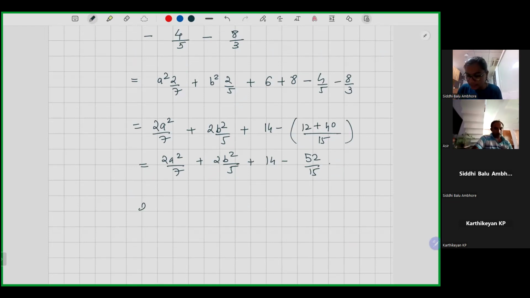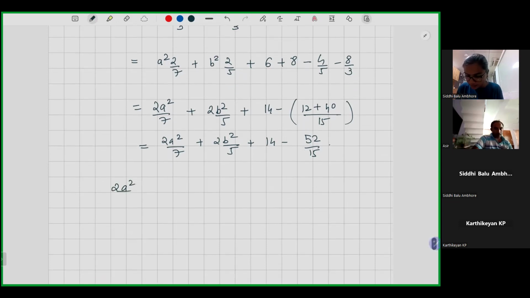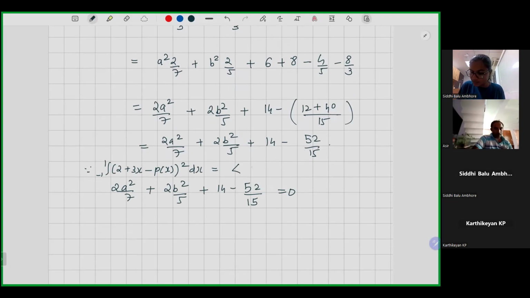Right, so what they are saying is then 2a square by 7 plus 2b square by 5 plus 14 minus 52 by 15 will be equal to 0. Since this integration from -1 to 1 of 2 plus 3x minus px whole square dx is the norm of this, the inner product of 2 plus 3x minus px with itself.